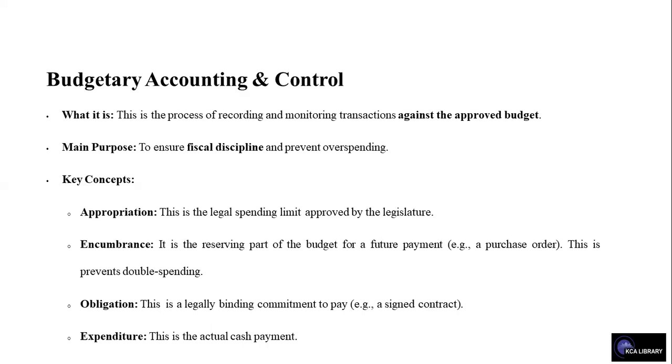We also have the obligation, which is a legally binding commitment to pay, maybe a signed contract, for a particular amount. And we have the expenditure, which is the actual cash payment.